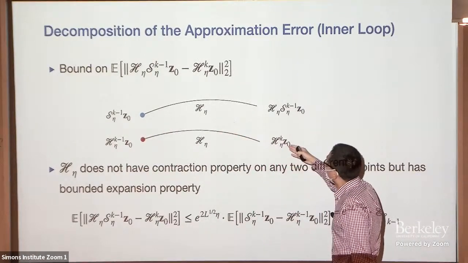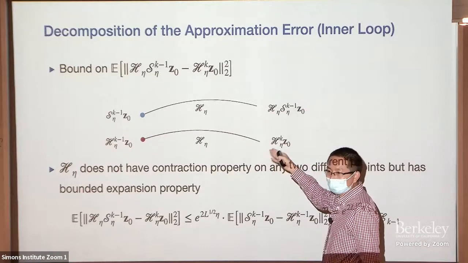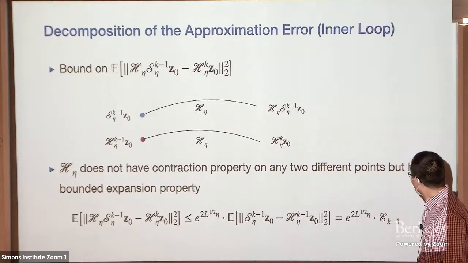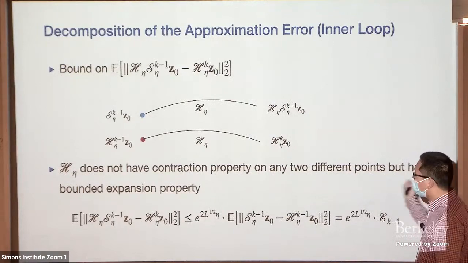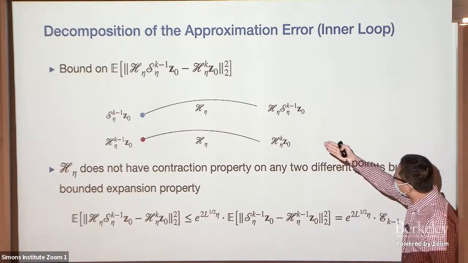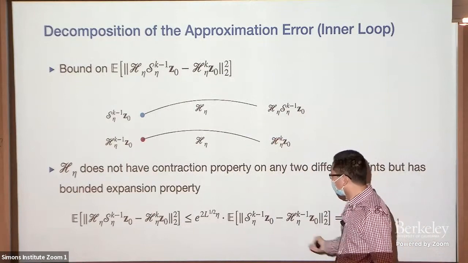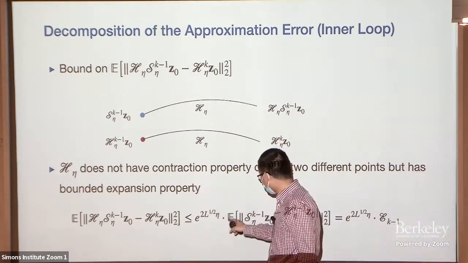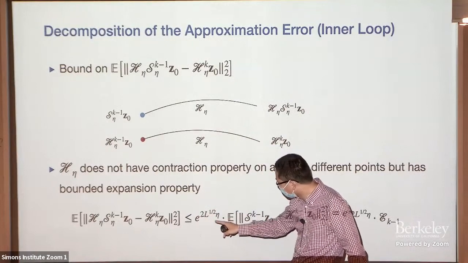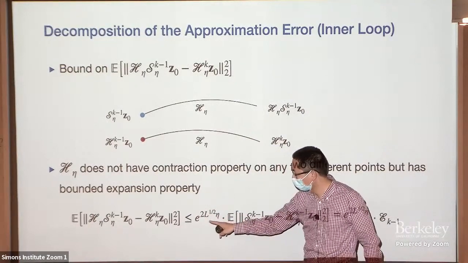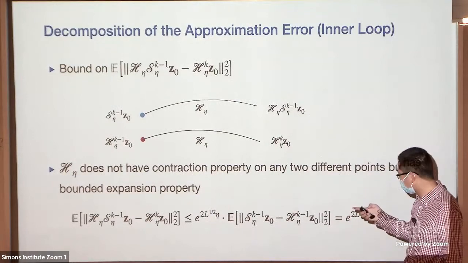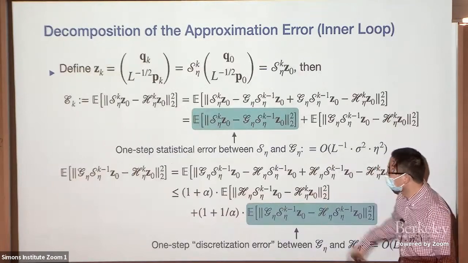Unfortunately, we don't have a contraction property for this H_eta, but we have a good enough property, which is the bounded expansion property for this H_eta operator. So we can show that the expansion coefficient can be bounded by e to the power of 2 times square root of L times eta. Using this property, we can bound this term.